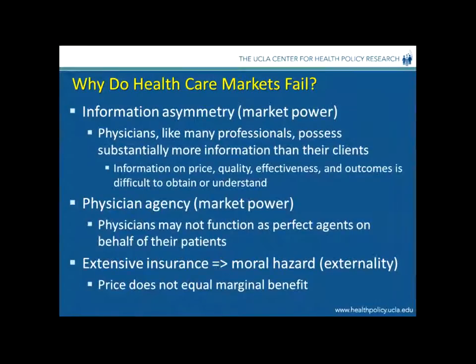And as a result, information on price, quality, effectiveness, and outcomes is difficult to obtain or understand because professions try to protect or prevent the release of this information. And in fact, overcoming that professional barrier or resistance often requires legal action or legislation to require the disclosure, because the profession has an incentive to keep this information from being publicly available.